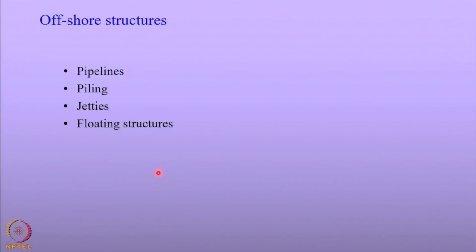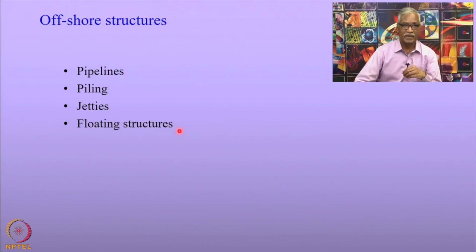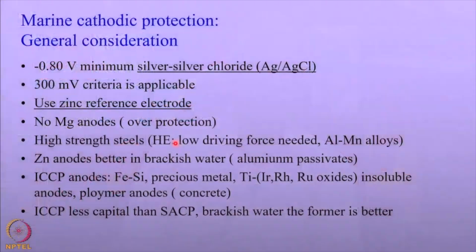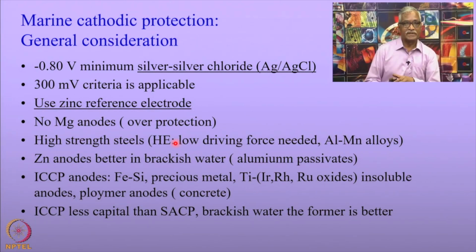Let us look at the offshore structures. The offshore structures that we discuss today are pipelines, pilings, jetties and floating structures. For marine cathodic protection, the general considerations are: you have a cathodic protection criterion which is minus 0.8 volts with respect to the silver chloride electrode.